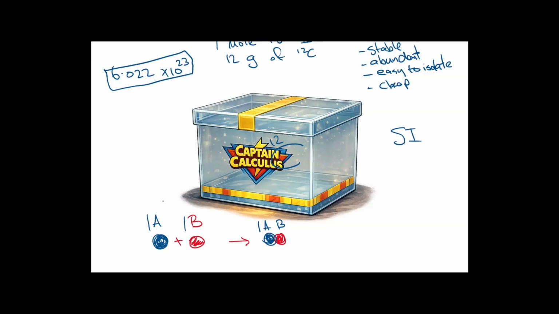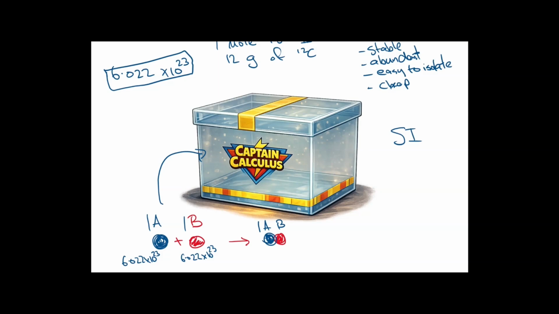So in our magic box here, say we had, let's remove the carbon 12, say we had 6.022 times 10 to the 23 of A, and also in that box we put in 6.022 times 10 to the power of 23 of B, and we waved our magic wand, and every single one of the A's bonded with every single one of the B's, just A to B. There's no monkey business going on.